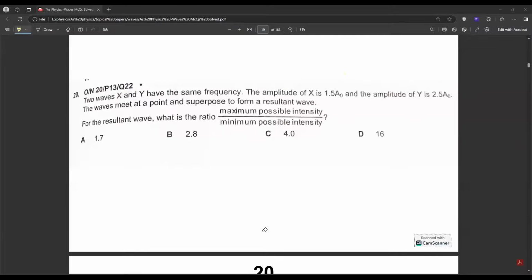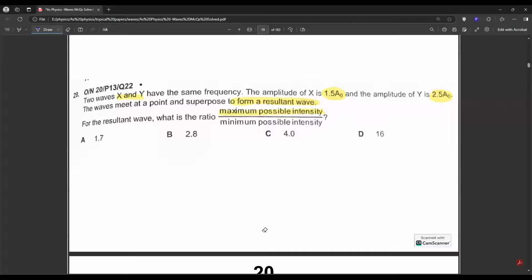Okay, let's see this question. Two waves x and y have the same frequency. The amplitude of x is 1.5 a naught and the amplitude of y is 2.5 a naught. The waves meet at a point and superpose to form a resultant wave. For the resultant wave, what is the ratio of maximum possible intensity divided by minimum possible intensity? If I want the maximum possible intensity, what should happen?